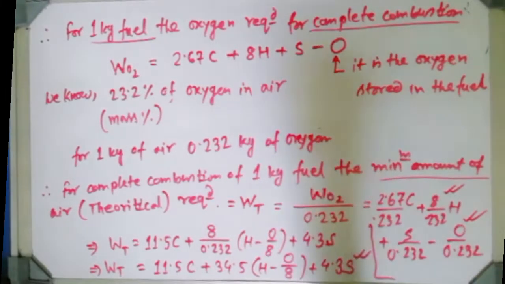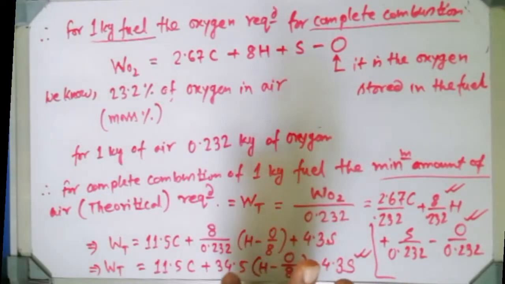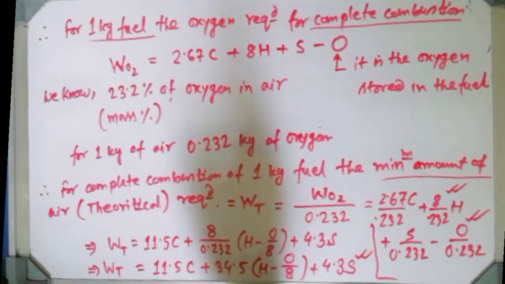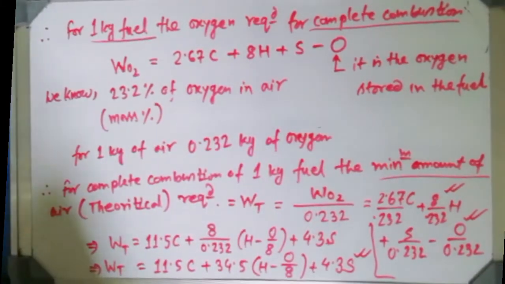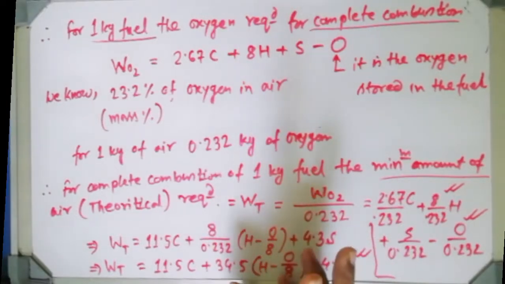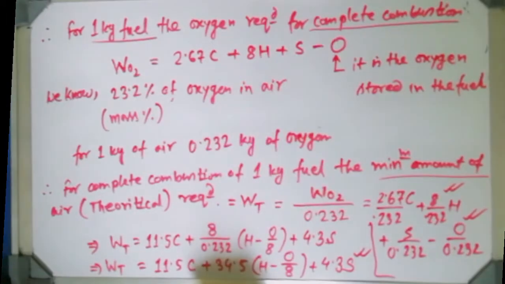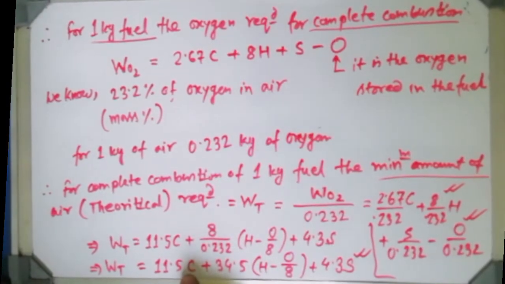That means for 1 kg of fuel you have to convert those percent values. If carbon is 60% in the problem data, you put 0.6 there. If hydrogen is given as 5%, you put 0.05, because they are given in terms of 100 kg. Are you getting me or not?